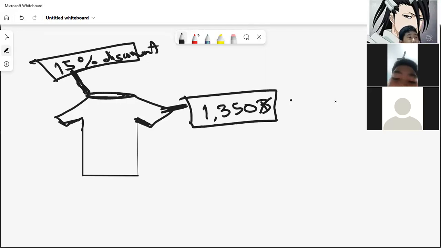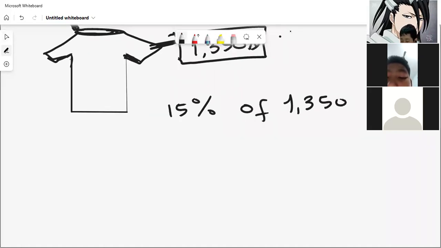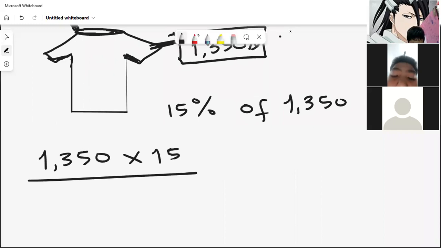So meaning, we will get first how much is 15% of 1,350. How are we going to answer that one? 1,350 multiplied by 15 over 100.